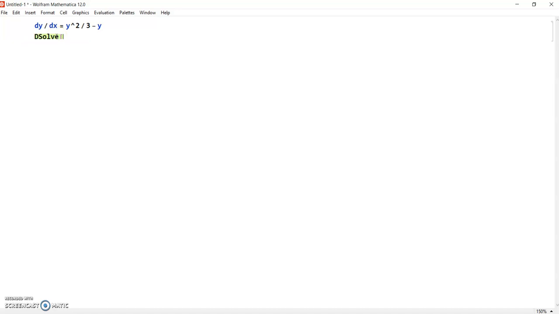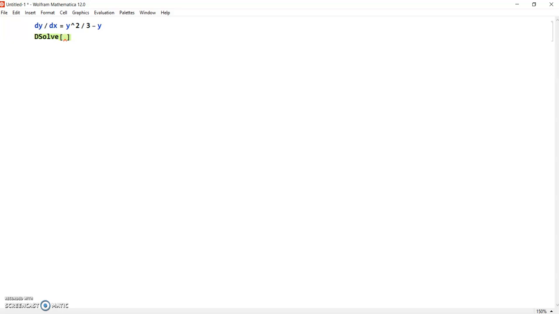After this, you put a left bracket, and then also a right bracket as well. In between, it will show you a placeholder where I need to input the parameters needed for this function. In this case, since we are going to solve a differential equation, I have to enter this differential equation here.